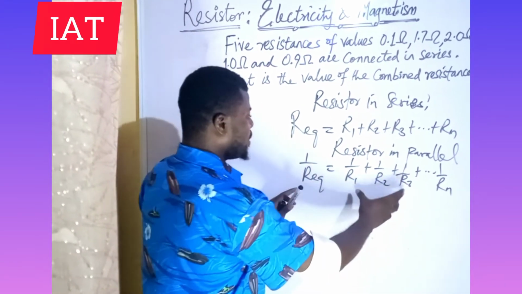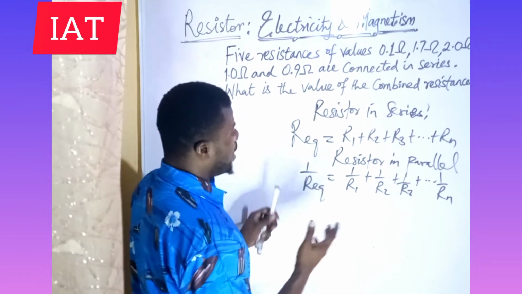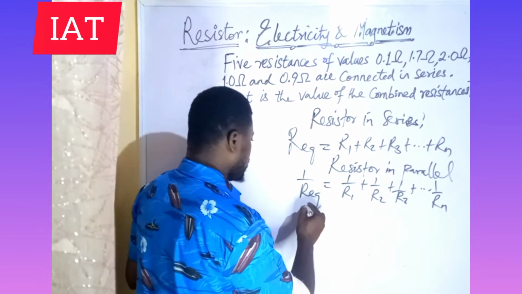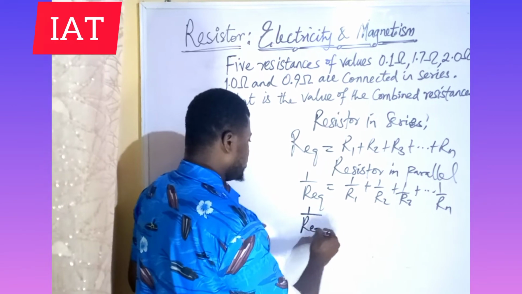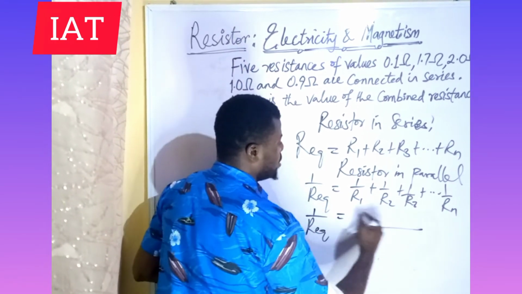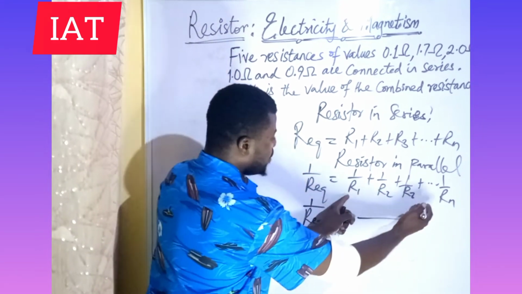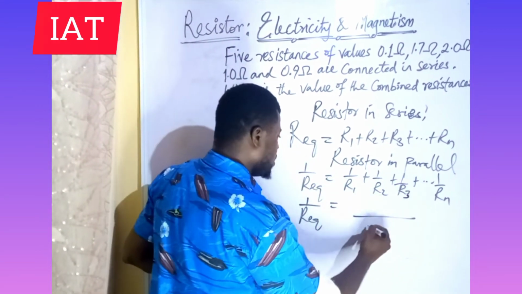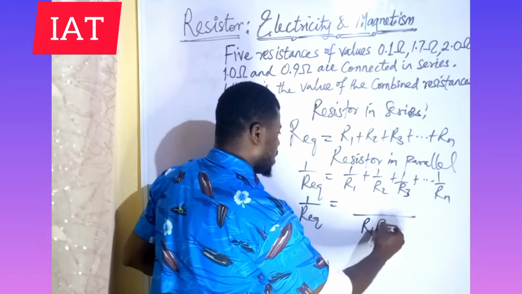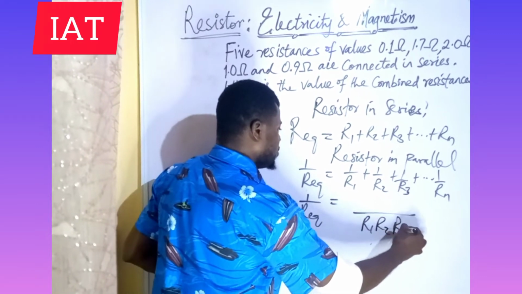All right, this particular formula can also be summarized by looking for the equivalent resistance, and we need to look for the LCM of the denominators, and the LCM of R1, R2 and R3 is simply R1 R2 multiplied by R3.